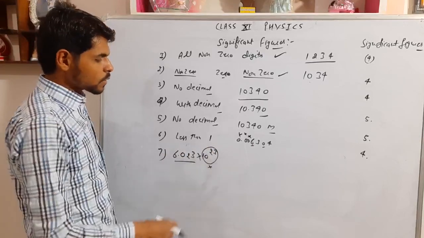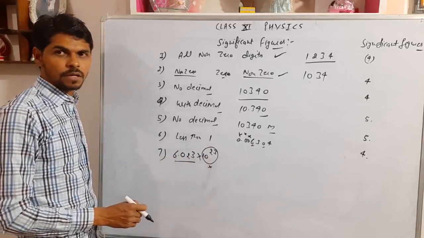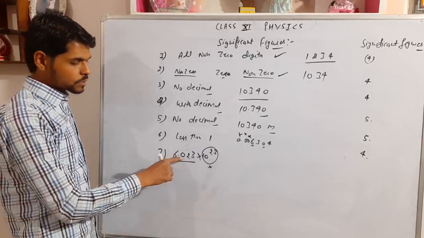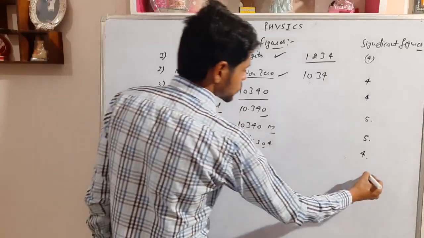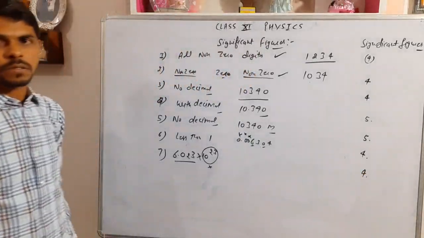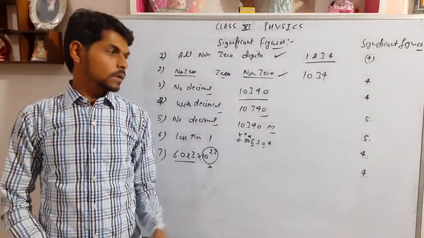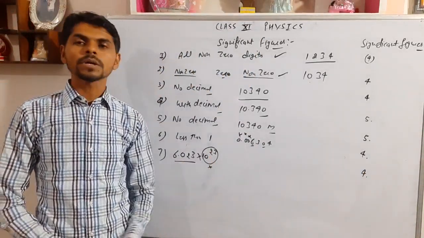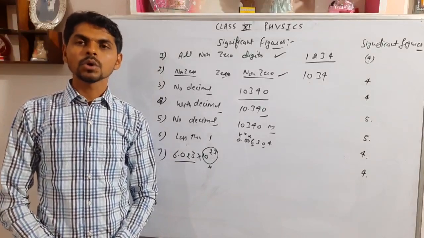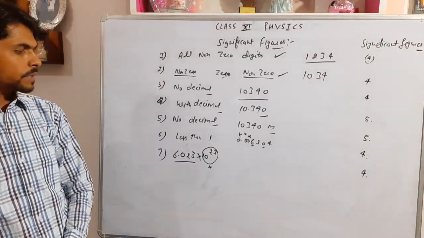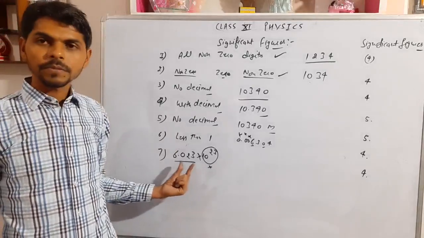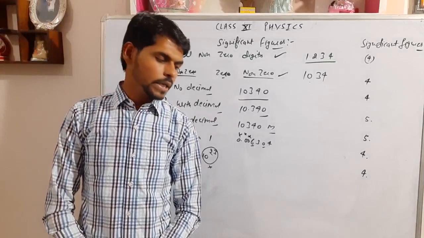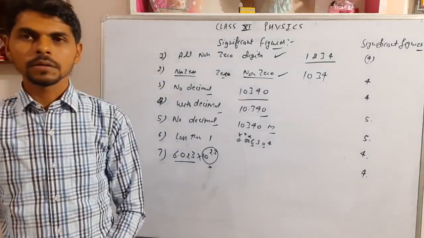This term will only have the significant figures 6.023. 6 and 023 are all significant, so there are 4 significant figures. But this 10 to the power, whatever it is, negative or positive, will not be counted in significant figures. So if a number is given in 10 to the power form, only the base quantity has significant figures. The power of 10 does not have significant figures.